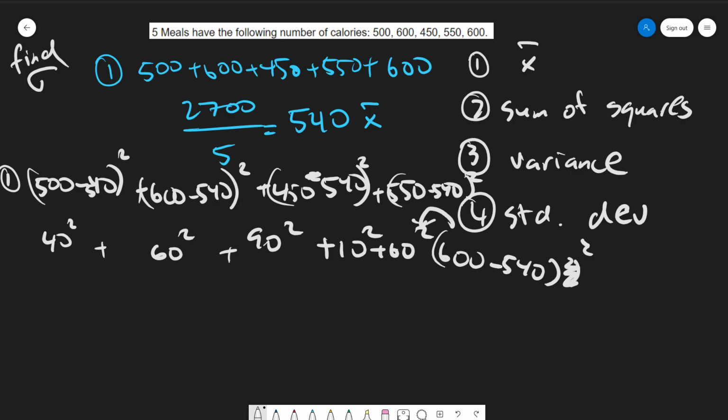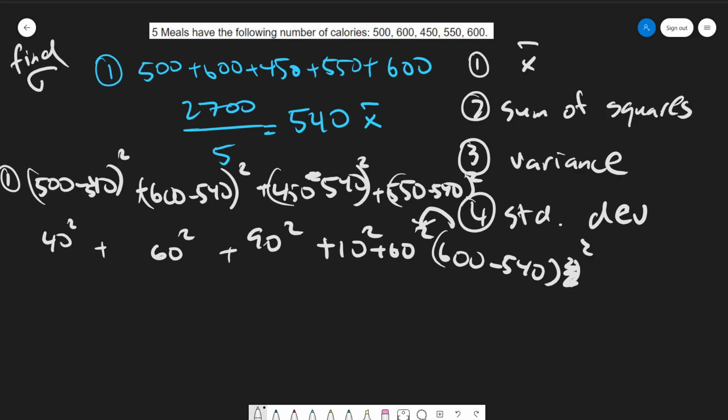All right, so this is ridiculous. I'm going to use a calculator. And we've got 40 to the power of 2 plus 60 to the power of 2 plus 90 to the power of 2 plus 100 plus 60 to the power of 2.